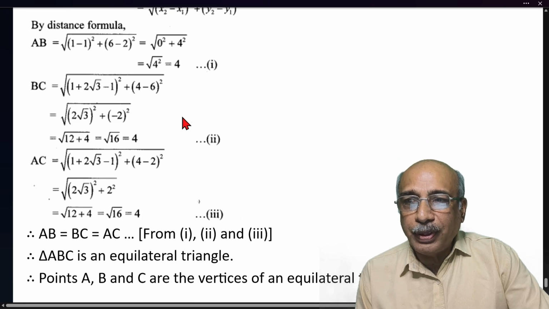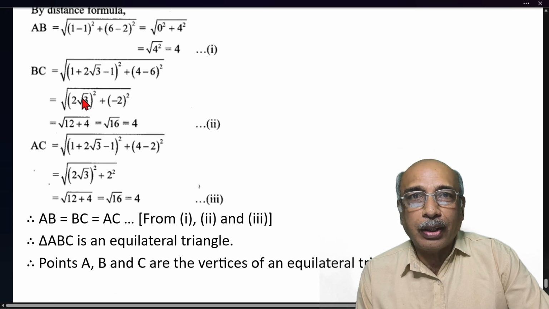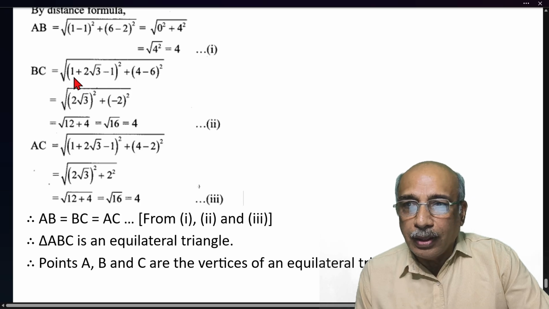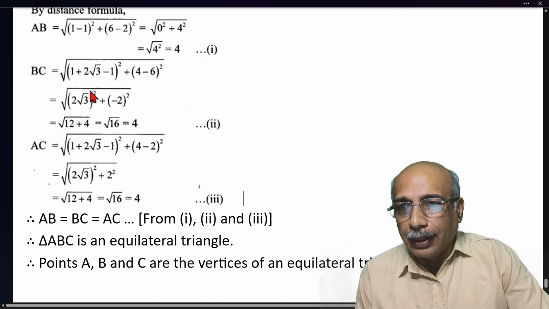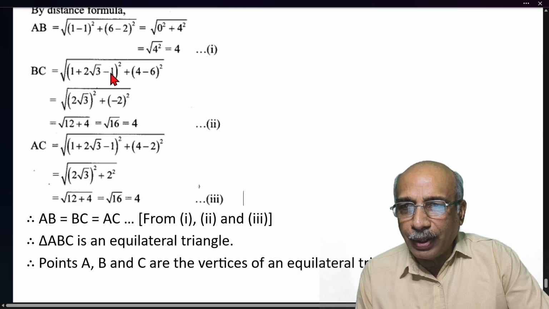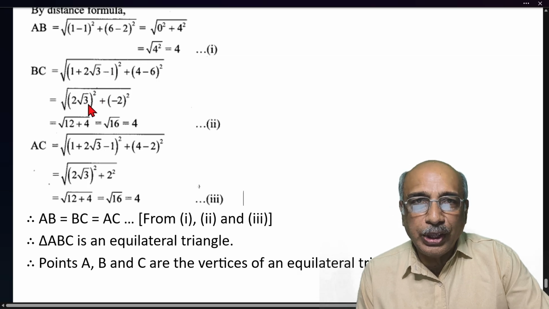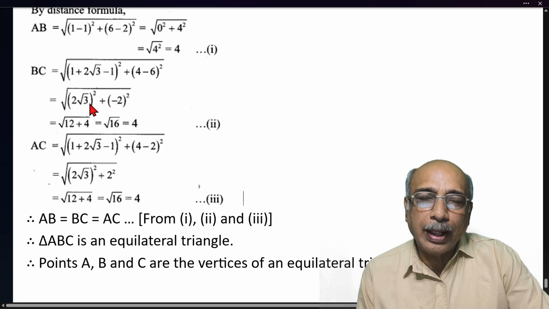For distance BC, when you are substituting the coordinates for B and C, here B's x coordinate is 1 plus 2 root 3. Here you have to substitute 1 plus 2 root 3 minus 1 whole square. Clear? So plus 1 minus 1 will get cancelled. It will be 2 root 3 whole square. Here only calculation is important.